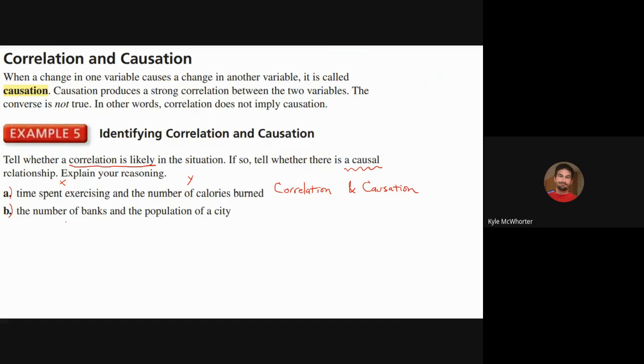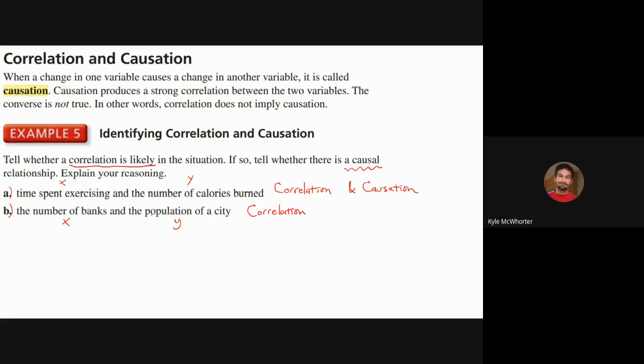But look at B, the number of banks in a city and the population of a city. If a city has a lot of banks, it seems like it would be correlated that the city would have a lot of people in it, right? So they're correlated, and there's probably a good, strong, positive correlation between them.